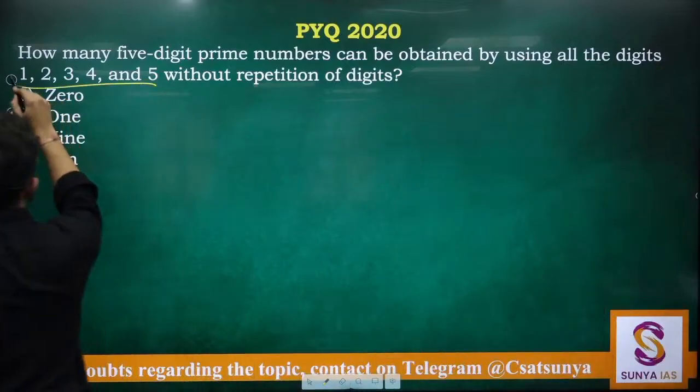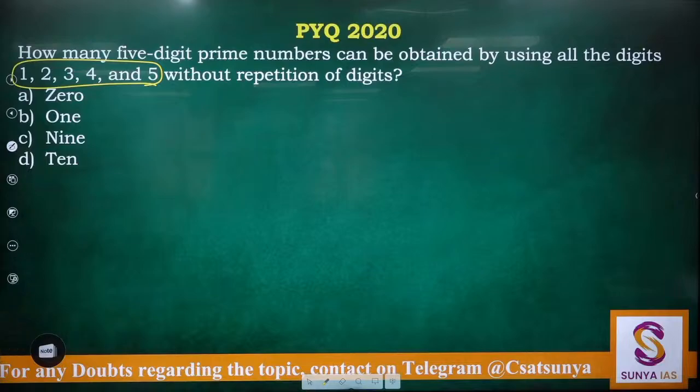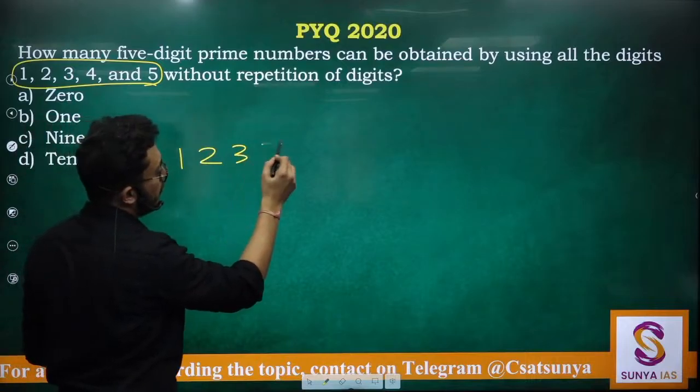See, you have these 5 numbers available with you from 1 to 5. If I form any number using these 5 digits, they will have all these digits with them. 1, 2, 3, let's say 5, 4.